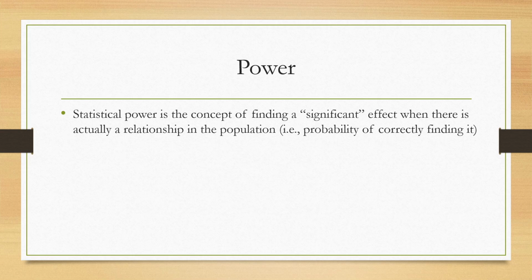So, statistical power is a broad concept. It is the concept of finding a statistically significant difference when there's a difference in the population. So, let's consider doing an antibiotic prescription protocol, and we're looking at differences between individuals trained in the new protocol and individuals not trained in the protocol.